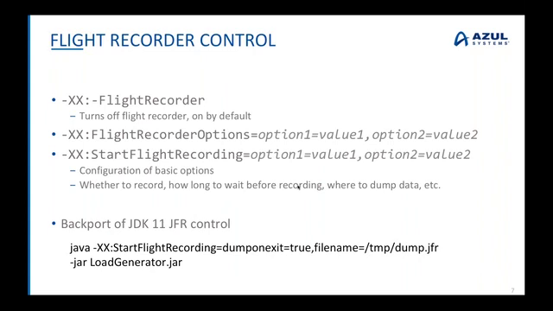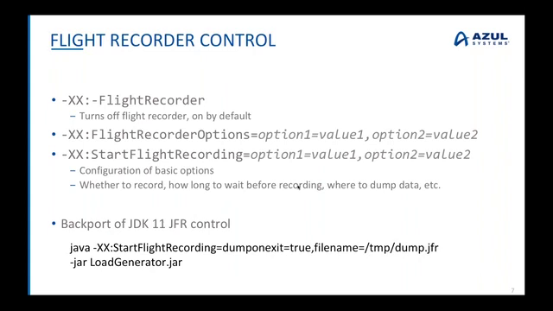What you can then do is you can set certain parameters using these two other flags, the FlightRecorderOptions flag and the StartFlightRecording flag. What that allows you to do is to specify a set of option and value pairs separated by commas. Now, the way this works has changed a little bit. If you're used to using the Flight Recorder on JDK 8, the Oracle JDK 8, then you would only have used the FlightRecorderOptions flag.